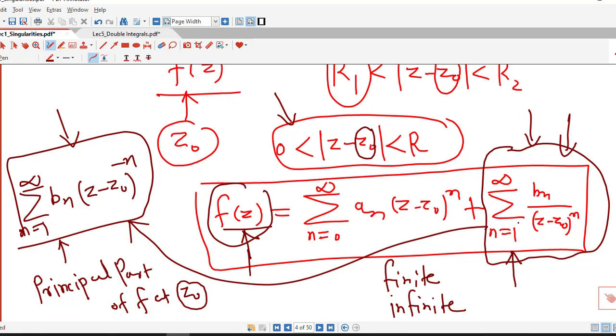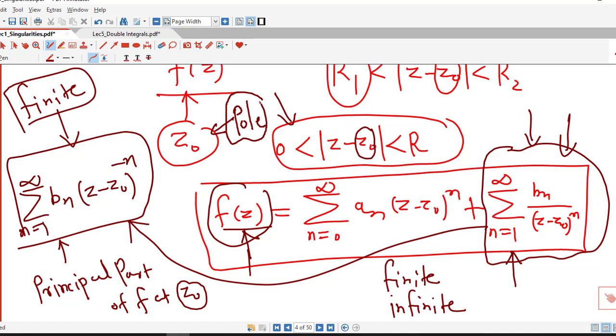If the principal part contains a finite number of terms, then z0 is known as a pole of that order. Suppose there are two terms, then it is known as a pole of order 2.